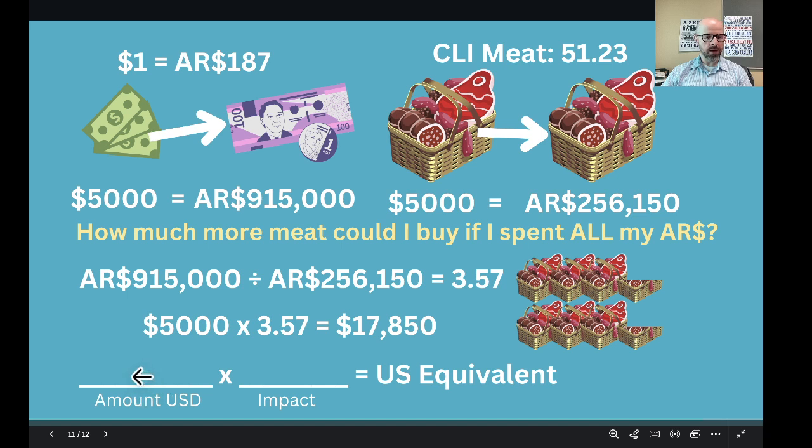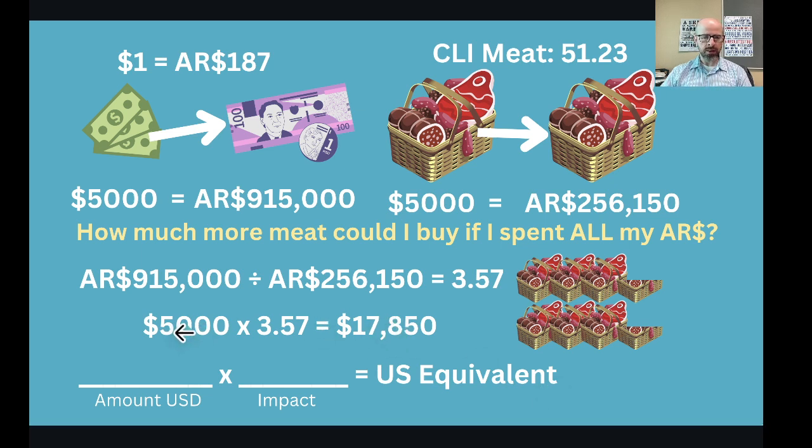I take an amount of money in American dollars, multiply it by my impact number, and that gives me my US equivalent. Right, $5,000 times 3.57 means I could buy the same amount of stuff as that much money buys me in the United States.